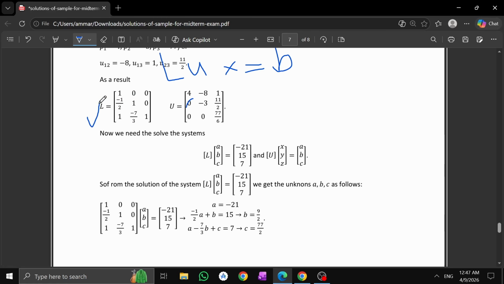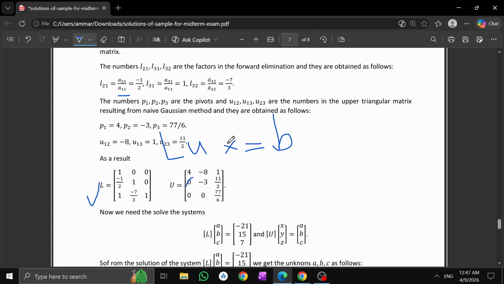Now after you get the L, you get the U. You have these two in the formula. You got the L, you got the U, you are trying to find the X, and you also have the B, the answers.